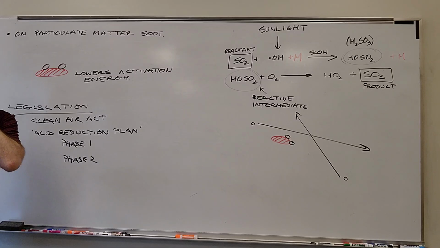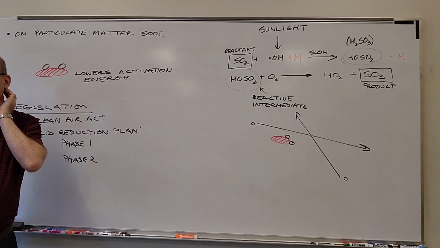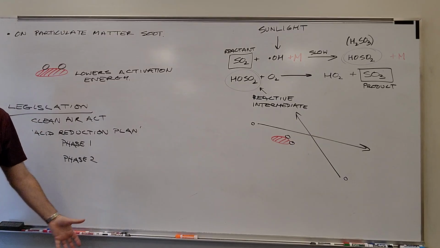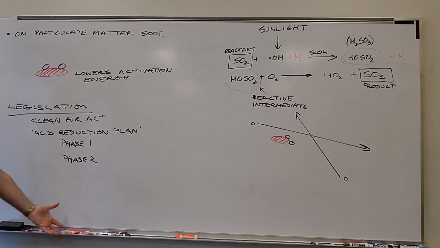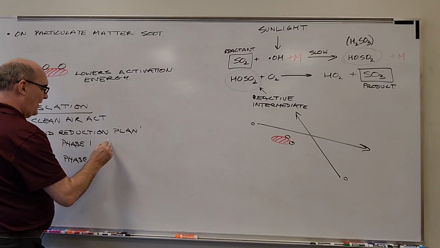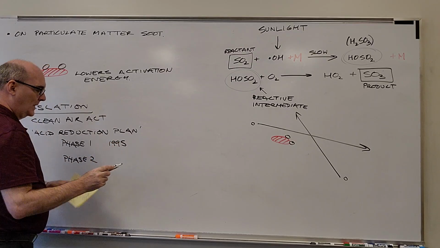Once one side says, hey, I think we should do this, then the other side just reflexively says, no, we shouldn't, when we all know that we probably should. So what Phase 1 does in 1995, it just starts working on things.